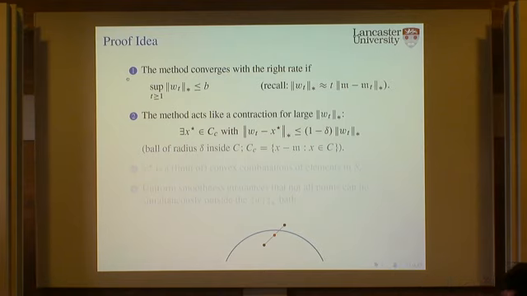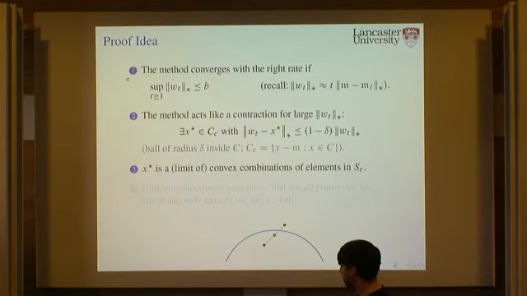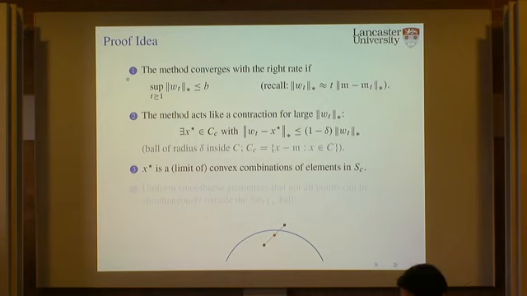So it's not directly accessible to me through my candidate set S. But what we obviously know is x star is a limit of convex combinations of elements in my candidates. Because any element in C I can represent as a limit of convex combinations of my extremes, and my extremes are a subset of the elements I'm optimizing over.